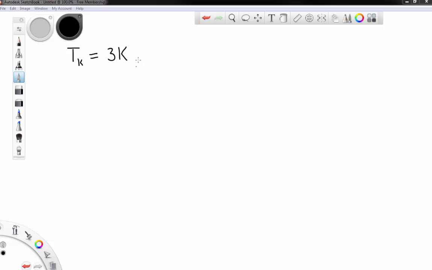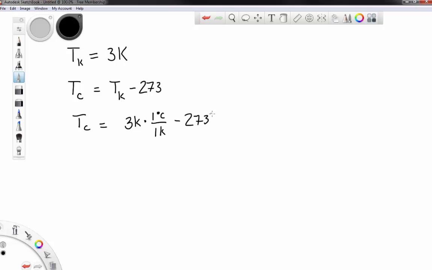Okay, so we were given the temperature in Kelvin, which is 3 Kelvin, and we have this conversion that says that the temperature in Celsius is equal to the temperature in Kelvin minus 273. Okay, so that means that the temperature in Celsius is 3 Kelvin times 1 degree Celsius per 1 Kelvin minus 273 degrees Celsius.